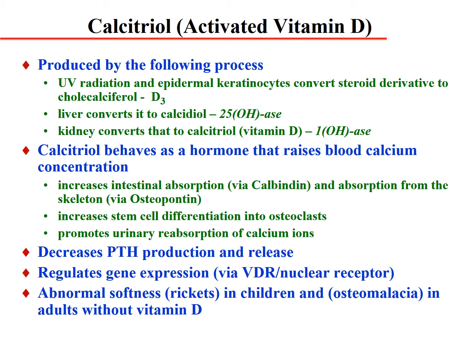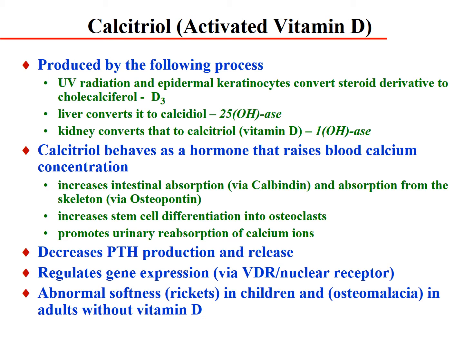This is why it has a synergistic effect with the PTH, or stimulates the PTH effect, or promotes urinary reabsorption of the calcium ion. Now, calcitriol decreases the PTH production and release. This is a feedback mechanism, and it regulates a lot of gene expression through the VDR, the vitamin D receptor, that's a nuclear receptor.